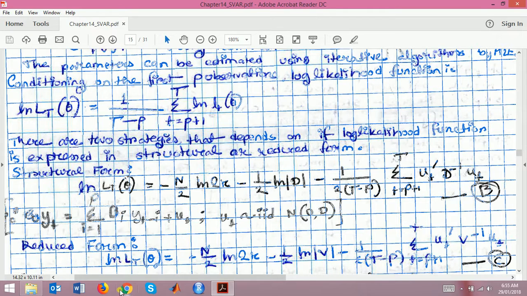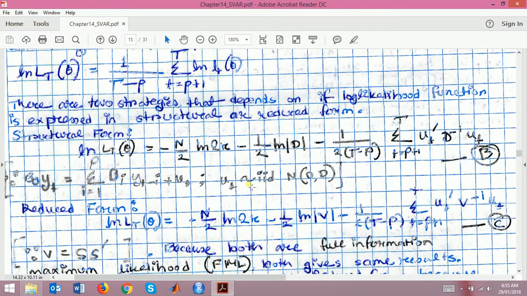Because u is iid with 0 mean and D variance. These are diagonal elements, and this is the regular equation, beta i by y t minus i plus u t, as you know.